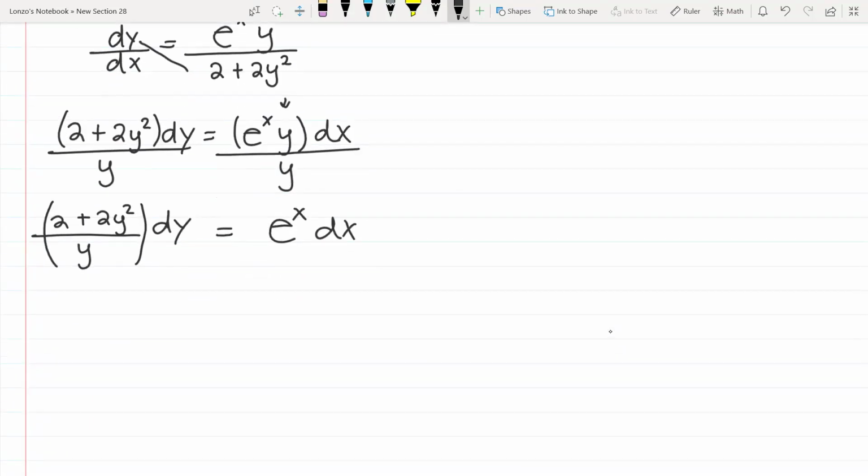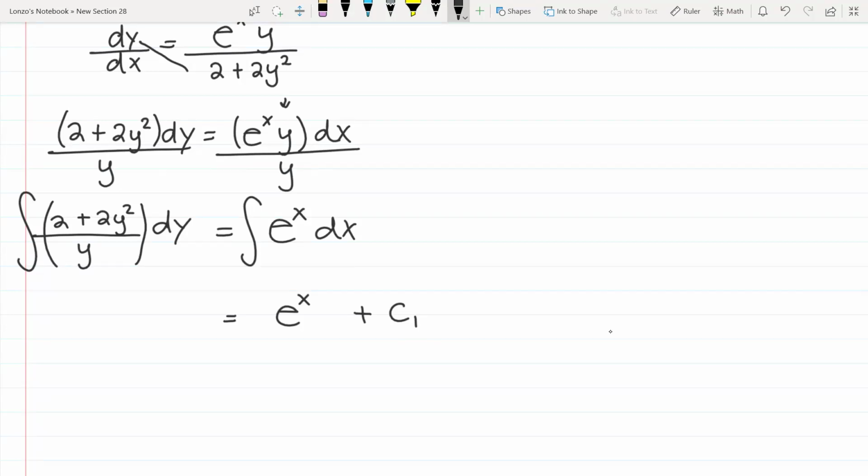Now we can start integrating. On the right, the integration of e^x is just e^x plus your constant, c1. You can put the constant on either side; I prefer the right side.